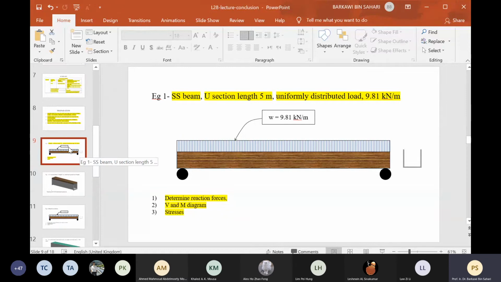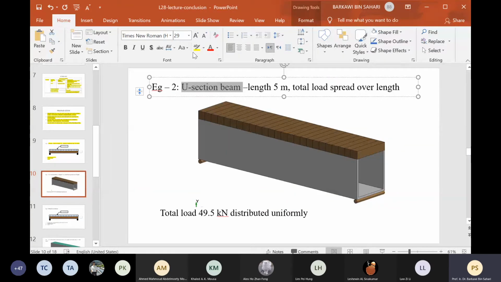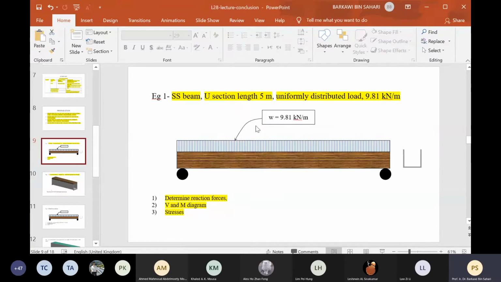Right, we go to a slightly higher cognitive level. If you are given this type of example 2, what is this U shape beam? This is the beam, length 5 meters, and it is given the total load. Remember this test 2? Some parts of it look like this, and it gives you the total load value spread over a certain length. In this case, spread over the entire length. Now this is not the same as the previous one. In that one, everything is given.